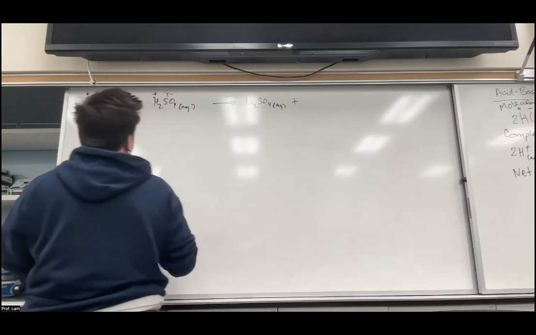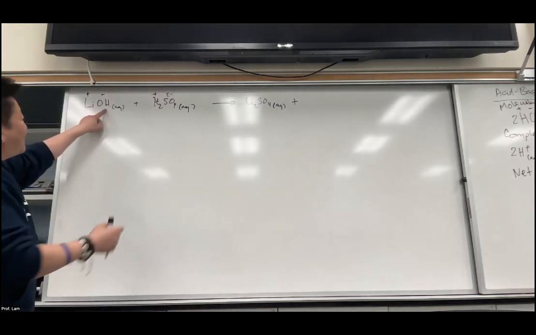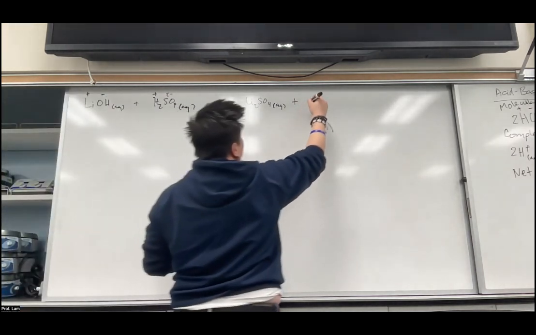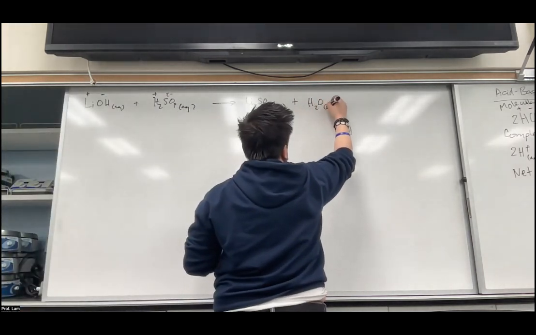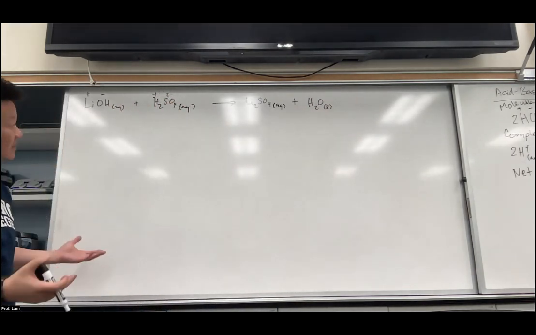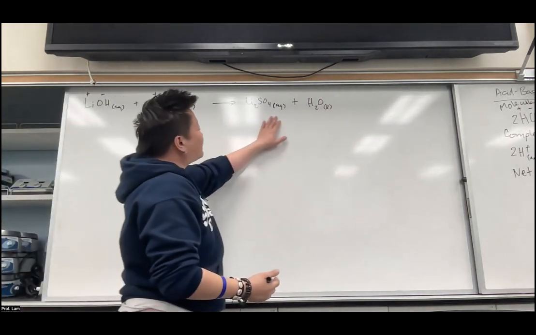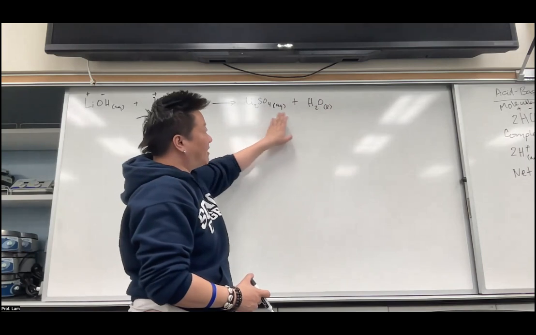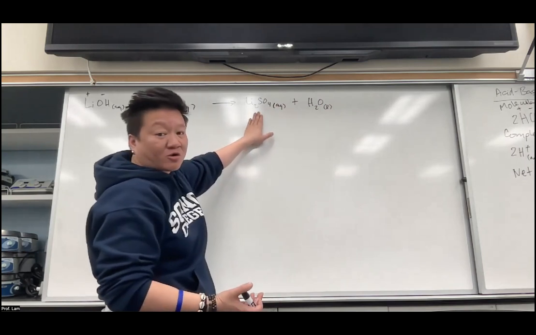Then plus, what's the other product? The OH minus is going to go with the H plus to make H2O, and we know that's a liquid. So as you can see, always water and a salt. That's what a neutralization reaction makes: water plus whatever corresponding salt.